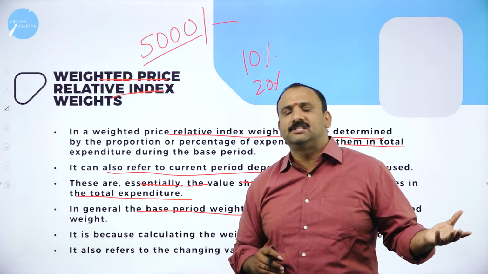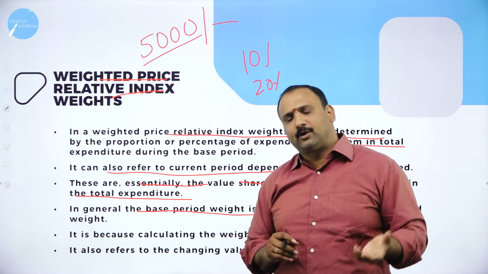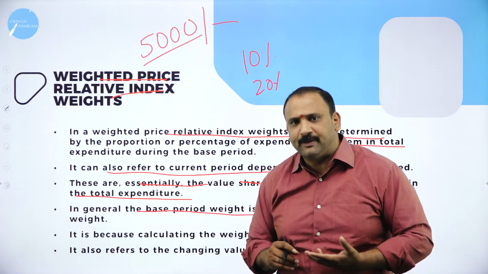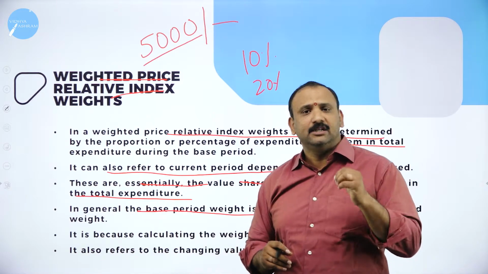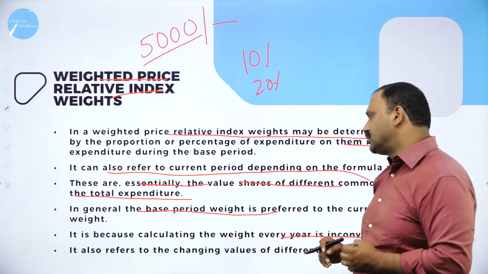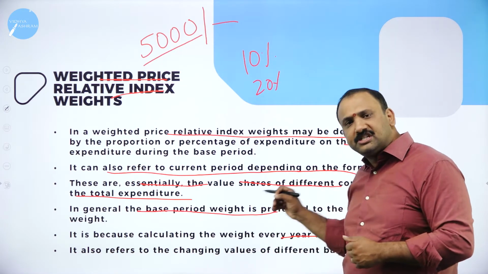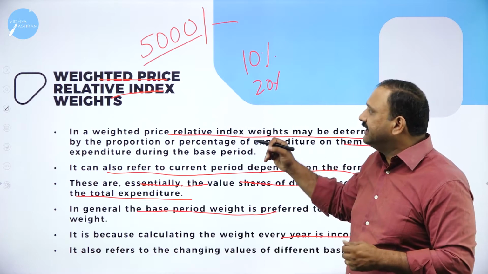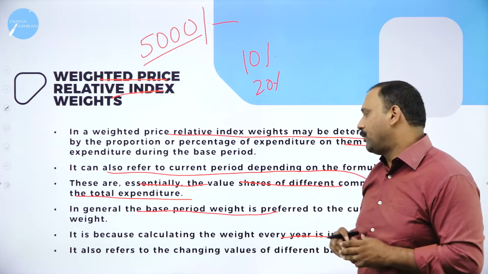That is understandable, that is quite human. But if you ask me how much I spent 10 years back or 20 years back, I don't have an answer for it. So it becomes very important for most of us to understand that we need to do this exercise of calculating the weighted price relative index. Very, very common. That's more important for us.